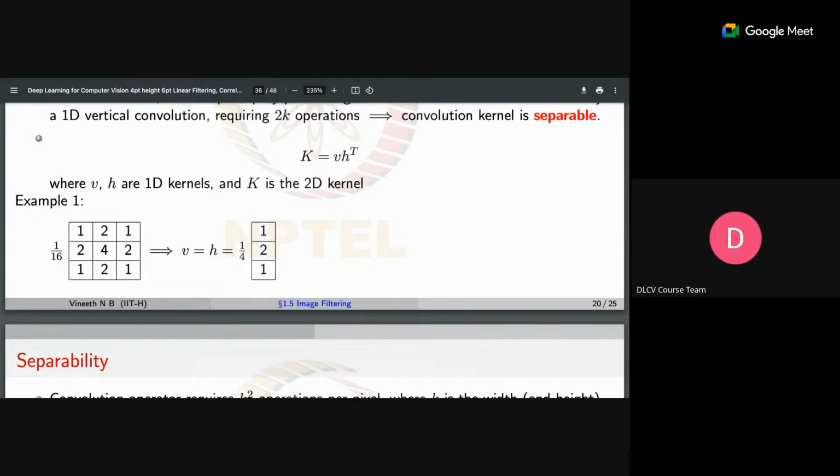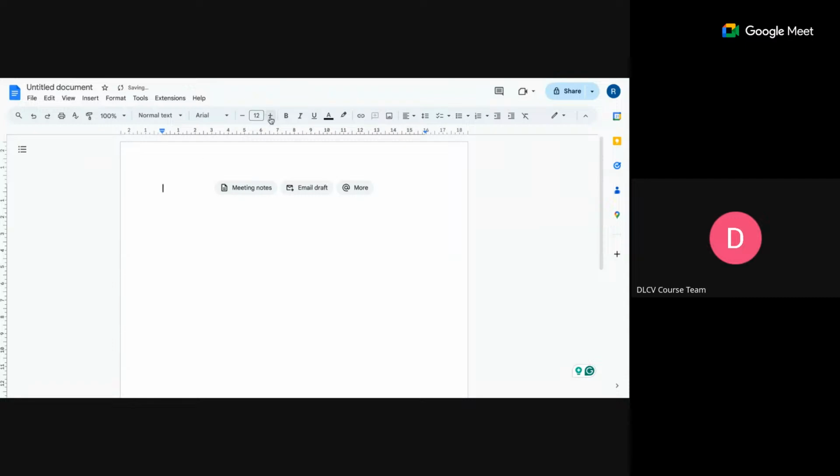Let me open a document and show it to you. Can you see my screen? Yes, sir. So we say that if we can represent a kernel as VH transpose, then it's a separable kernel, right? So now let's say V is a column matrix, 2, 1.